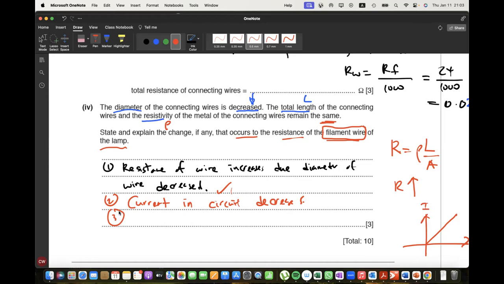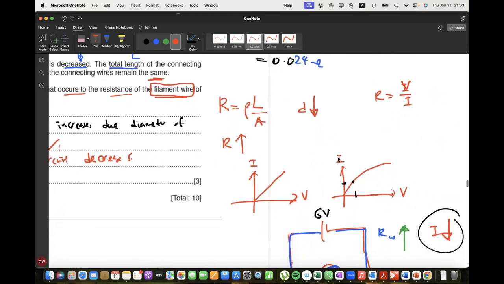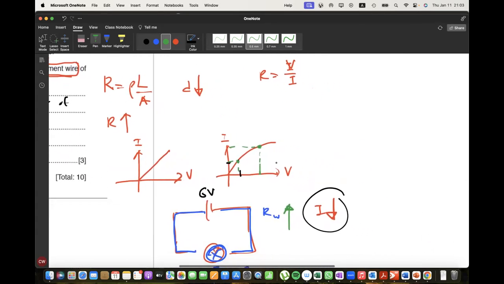Less current. Actually, you can explain by using the graph. Because if the I is higher, it means it's this point. If I is lower, then you move to this point. What can we say about the gradient? How do you find the gradient? What does a gradient mean to you for this one?